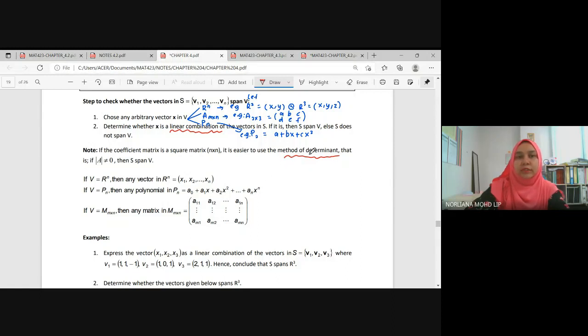If the determinant is not equal to 0, then S spans V. This is the other method. The first method, you need to prove with two steps for the spanning set. Another method, if the coefficient matrix is a square matrix, we can use the method of determinant.